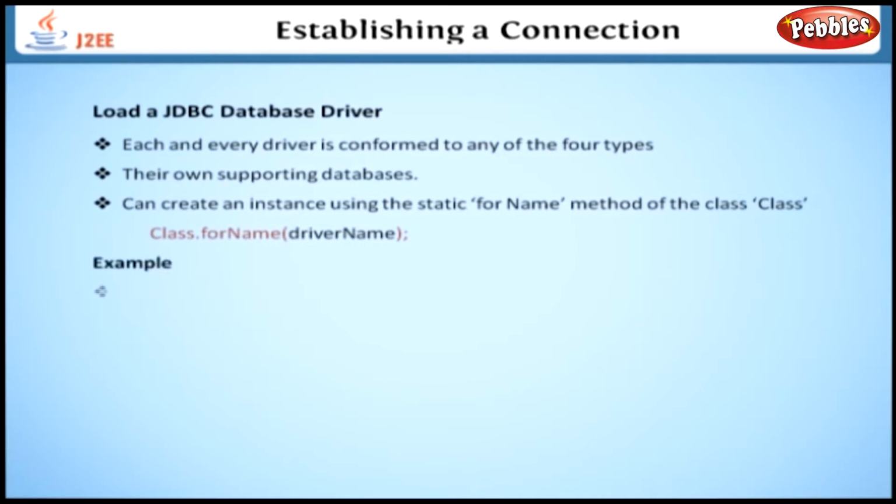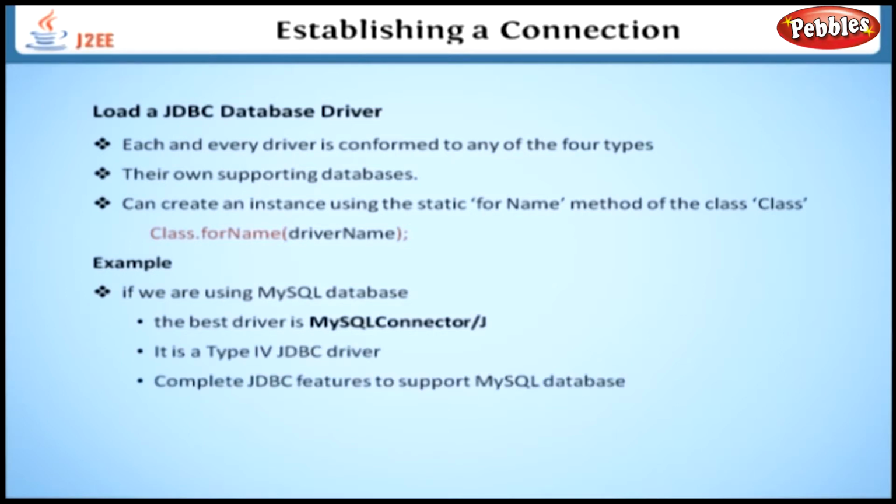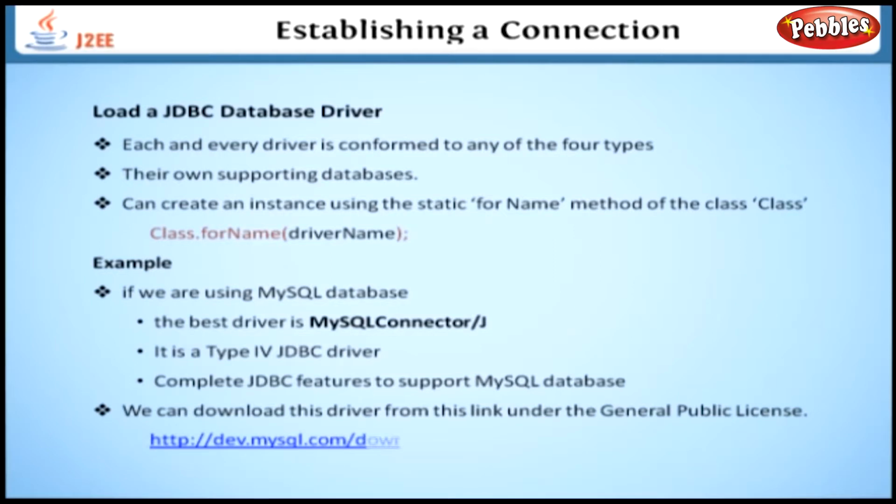For example, if we are using a MySQL database, one of the best drivers is given by MySQL AB, i.e. MySQL Connector/J. It is a Type 4 JDBC driver and has complete JDBC features to support the MySQL database. We can download this driver from this link under the general public license.